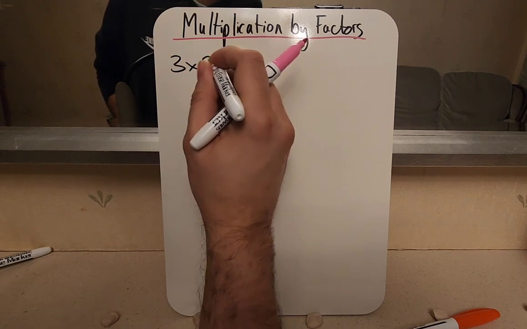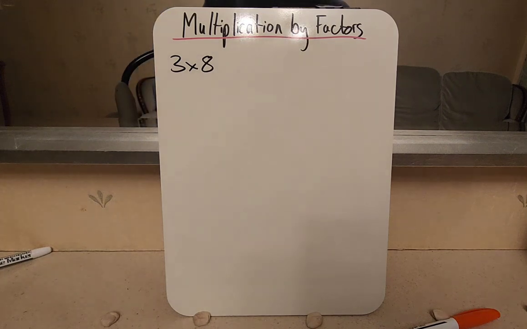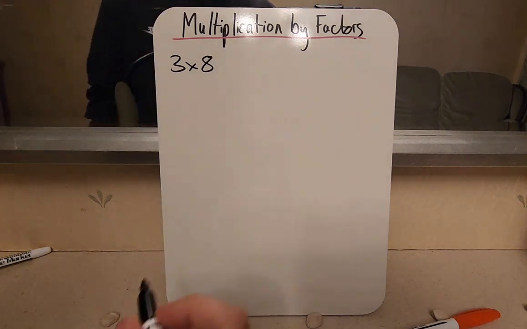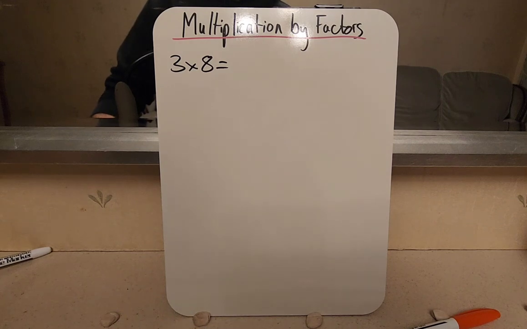Now, many of you will be able to do that straight away and tell us the answer. For some of you, the 8 times table might not be your favourite, so instinctively, you might want to do something slightly different to help. What we can do is write the factors of 3. 3 is a prime number, so its factors are 1 and 3.